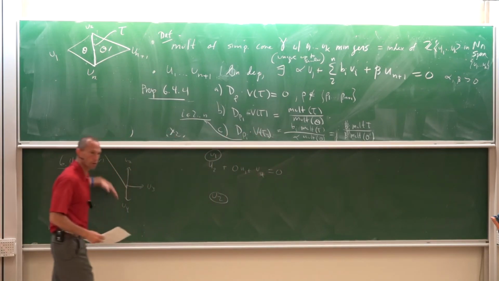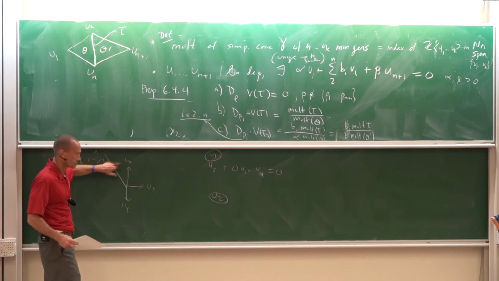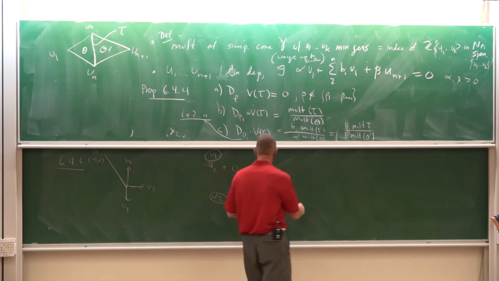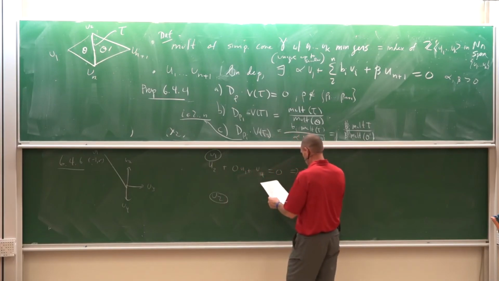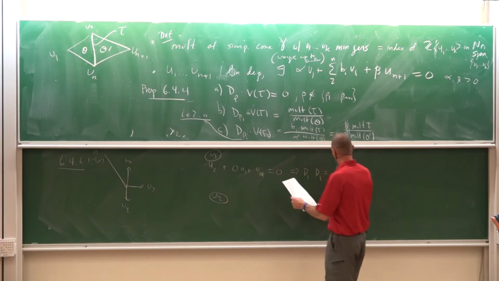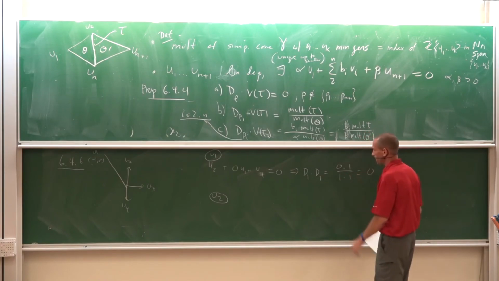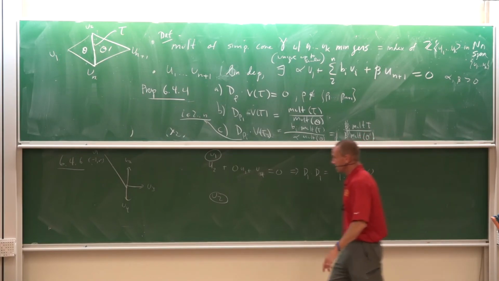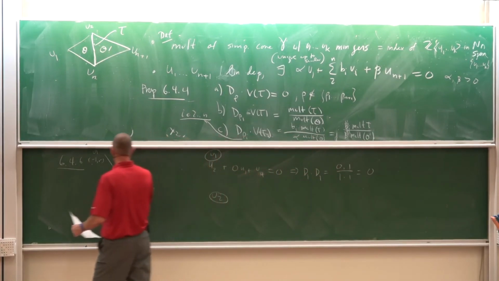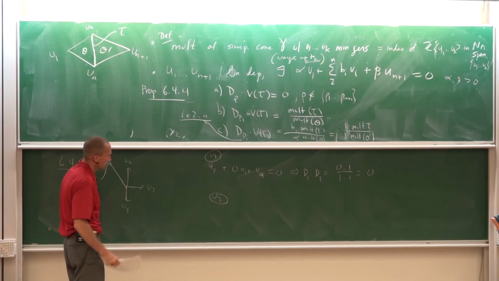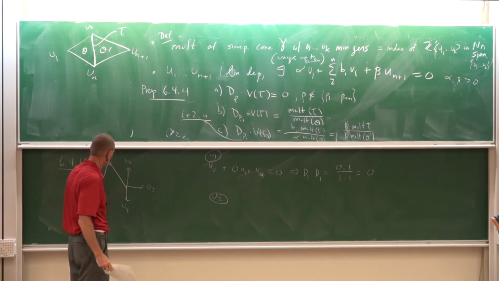I'm doing the wall relation on U1. Here's my two cones. This plus this is 0. Here's the wall. So that's my wall relation, so it's straightforward. And so when you work this out, this says exactly that D1 dot D1 equals 0 times 1 over 1 times 1, which is 0. So that's saying that this divisor D1, the corresponding divisor, has self-intersection 0.